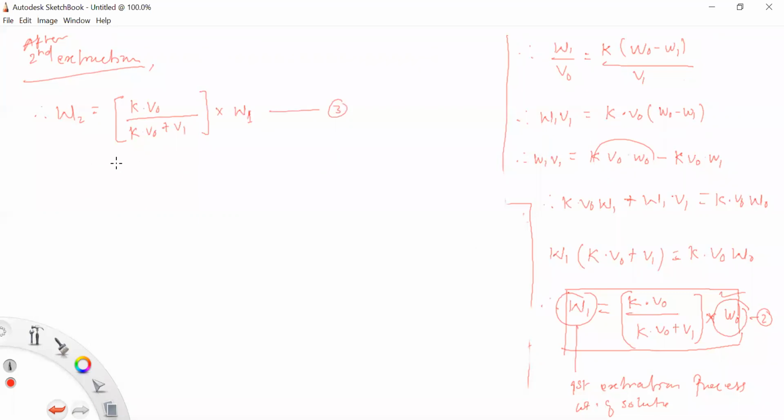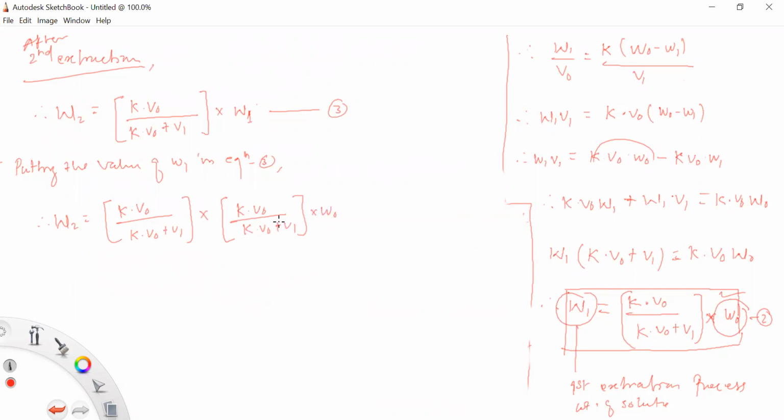So putting the value of W1 into this equation, या इक्वेशन मध्ये जर W1 ची व्हॅल्यू तुम्ही पुट केली असेल, so putting the value of W1 in equation 3, then W2 is equal to k into V0 upon k into V0 plus V1 into W1. सो W1 म्हणजेच आहे की k into V0 upon k into V0 plus V1 into W0.